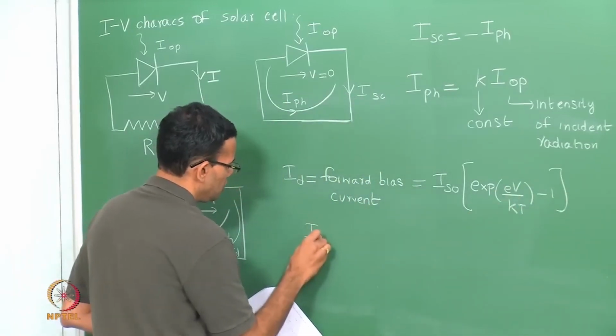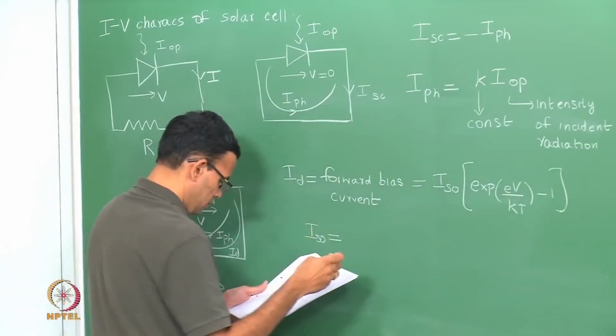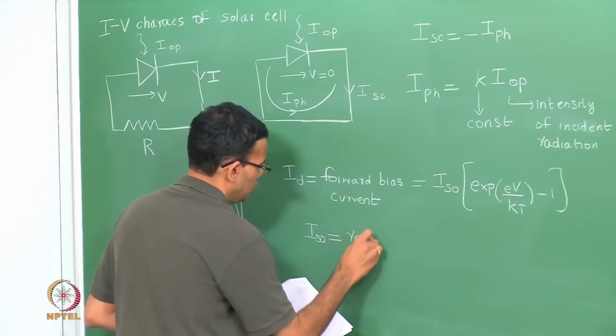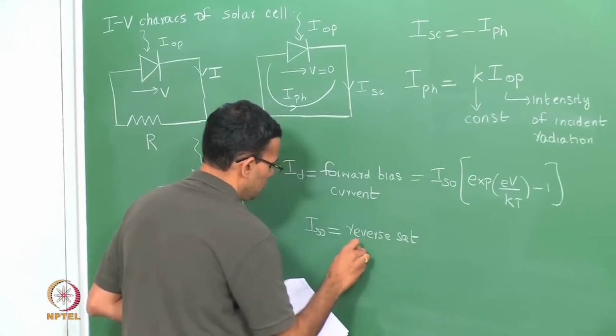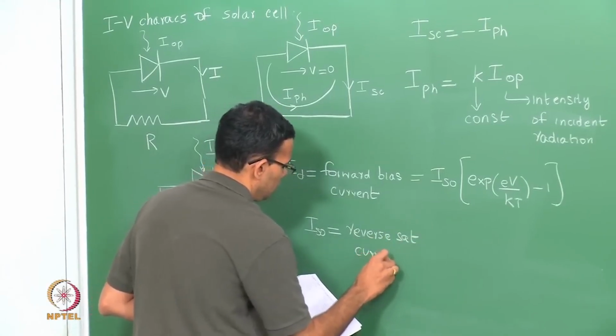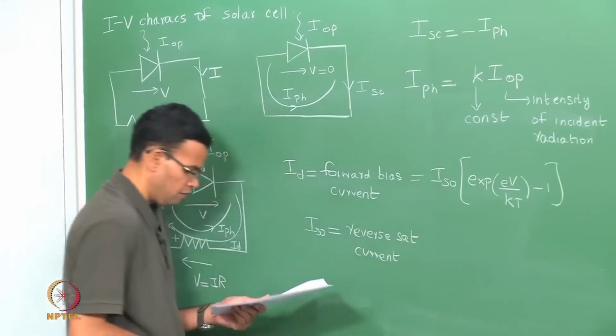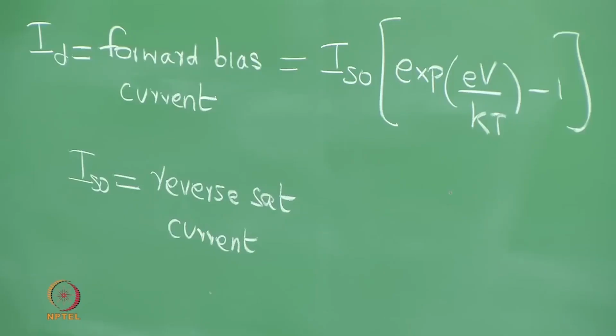So, IS naught is your reverse saturation current, which we have seen earlier in the context of a regular PN junction.